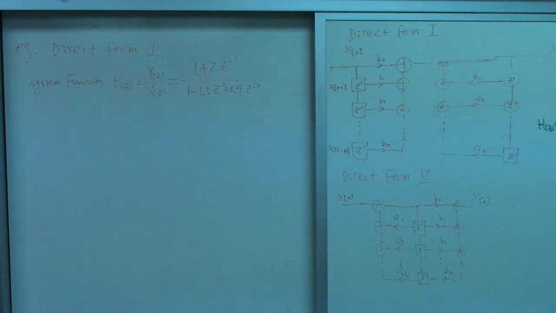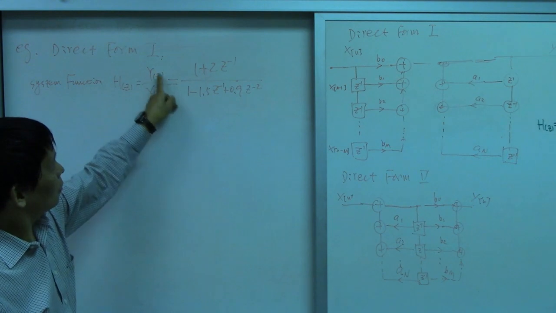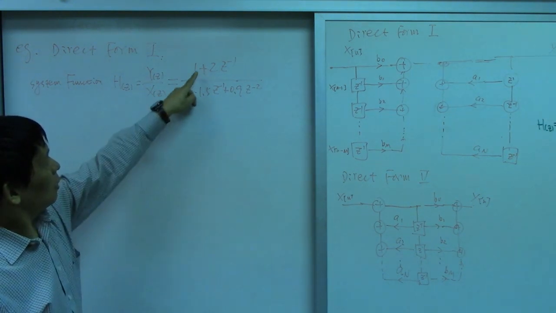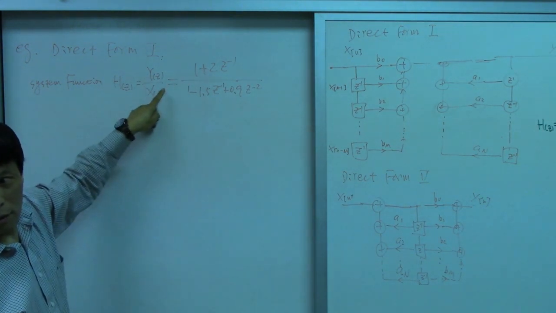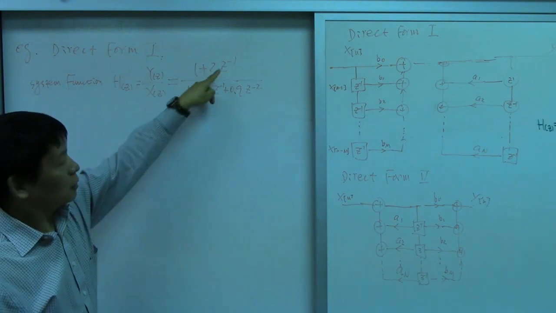Okay, look at this. Yn equals this part is good. So Yn equals xn plus 2 xn minus 1.